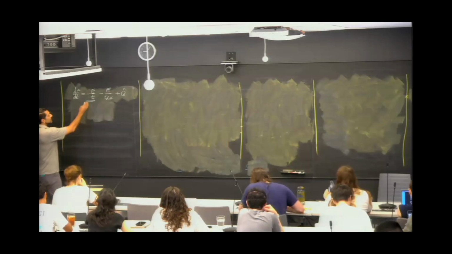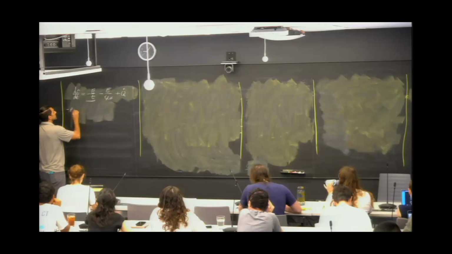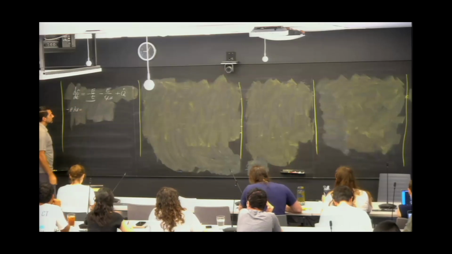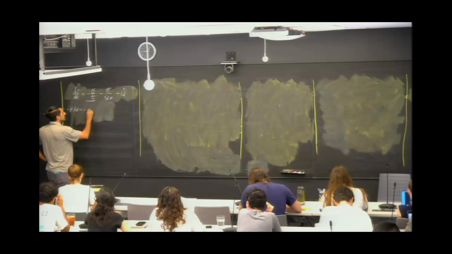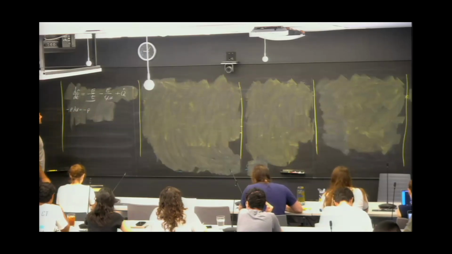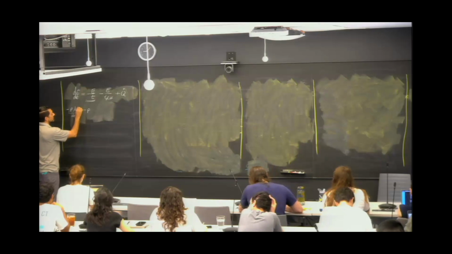Okay. So where did this term come from? It's adiabatic losses. So it's PdV. So this is dE. If we want dE over dt, we need this. This is volume, not velocity.